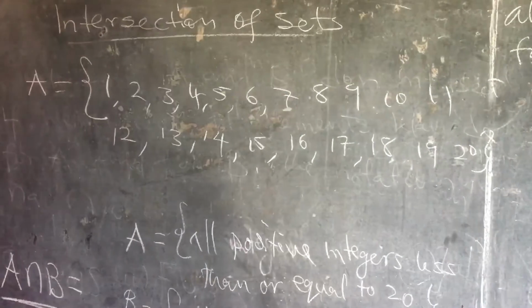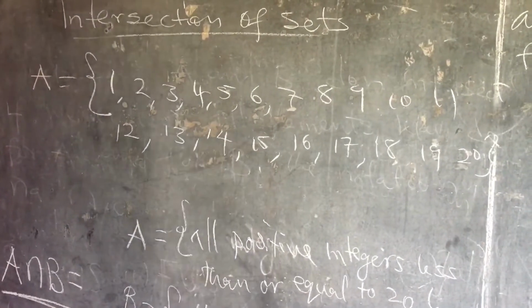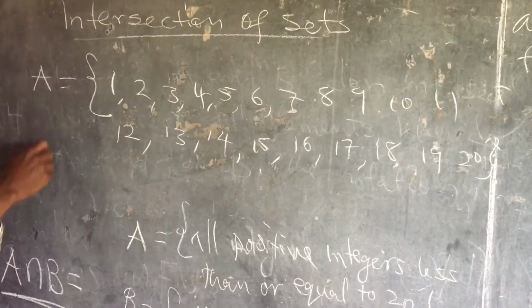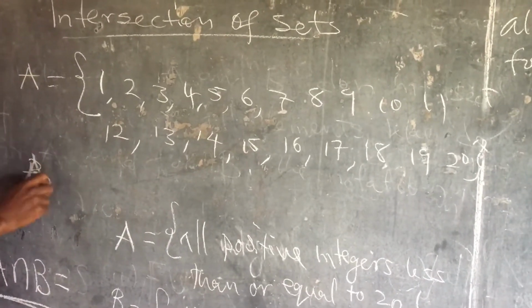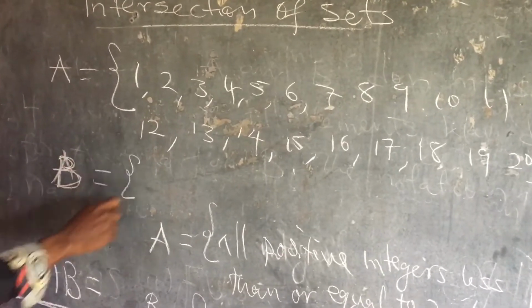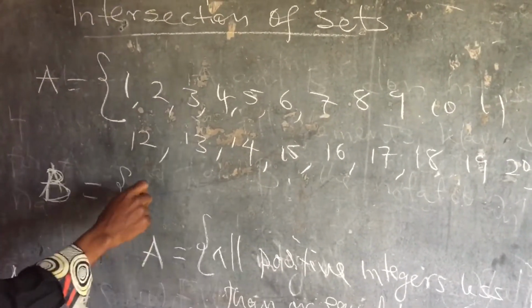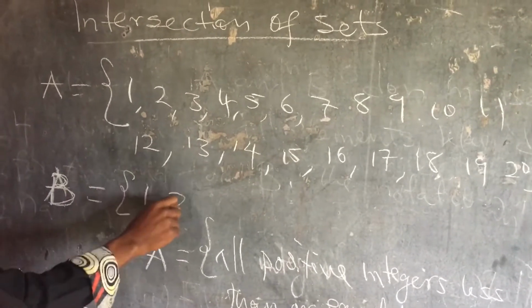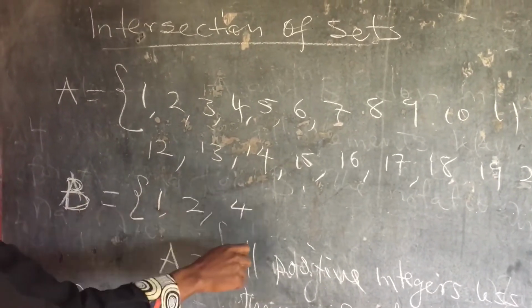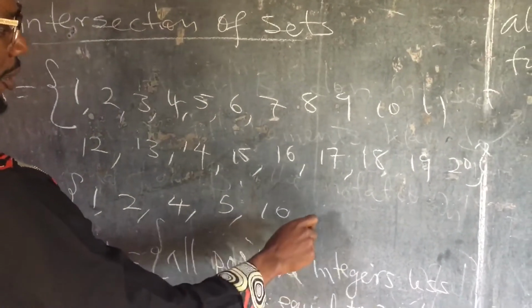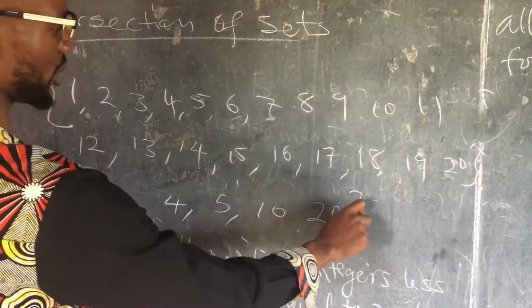Now all the elements wey we get for A be that. Say all positive elements less or equal to 20. And then for B now, I get my elements, all factors of 20. So I get 1, 2, 4, 5, 10, Abi, and 20.